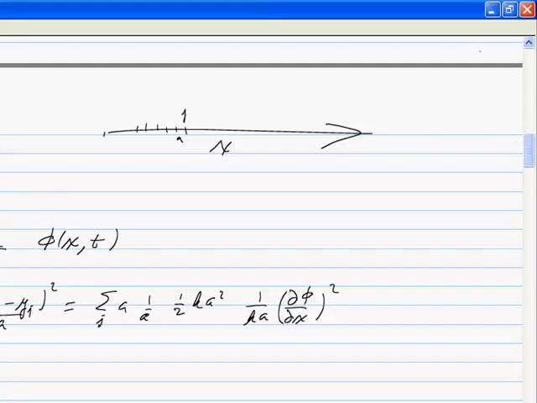And you see the k's cancel. The first sum times a becomes the integral dx, and we get exactly the integral dx of 1/2 d phi dx squared.